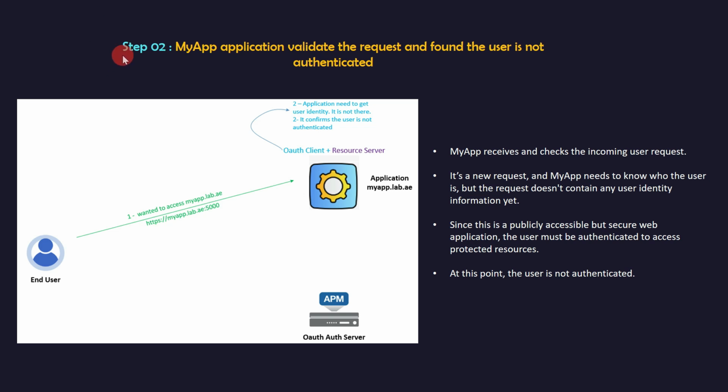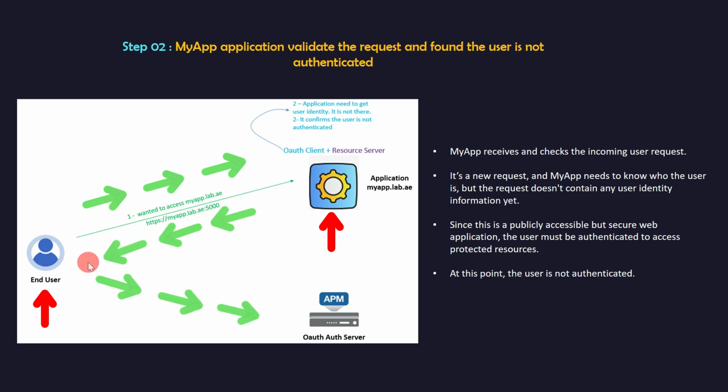In step 2, let us see how the myapp application validates the request and redirects the user to the OAuth Authorization Server for authentication. myapp receives and checks the incoming user HTTP request. It finds it is a new request and myapp needs to know who the user is.